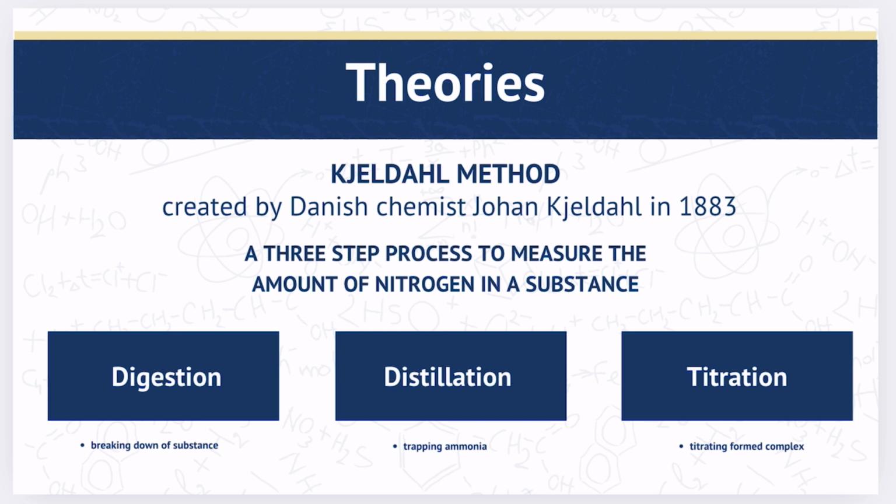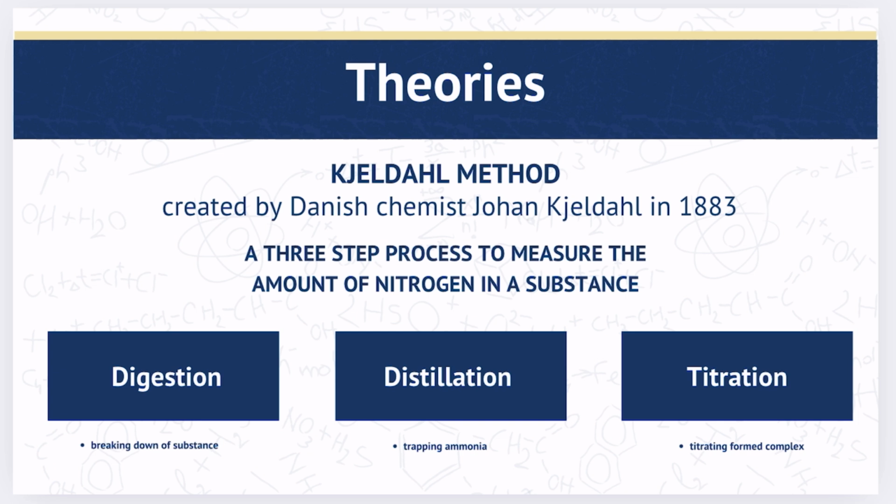So it breaks down that substance using heat and particular enzymes so that it's easier to release the nitrogen. And this nitrogen is distilled, namely, it's separated through distillation by evaporating it or turning it into gas. And this gas, usually in the form of ammonia, is trapped with a liquid.